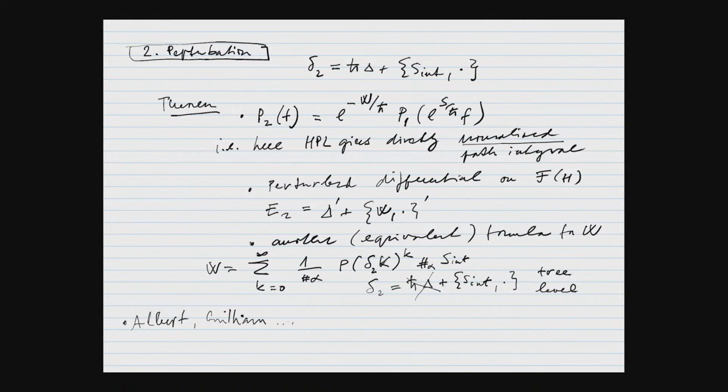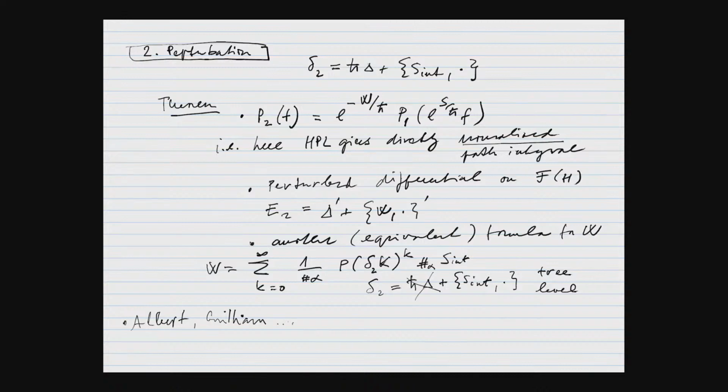And of course, you can compare it to the first one. It's almost immediate from the formulas. What you see is that for this second perturbation, the homological perturbation lemma gives you directly the normalized path integral. Here you divide by the exponential of the effective action.